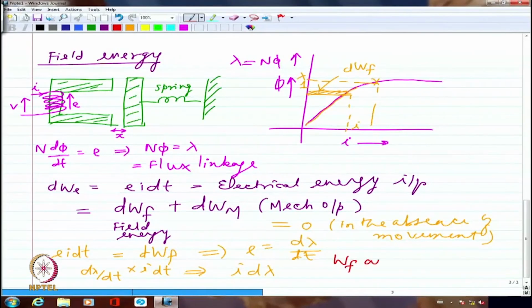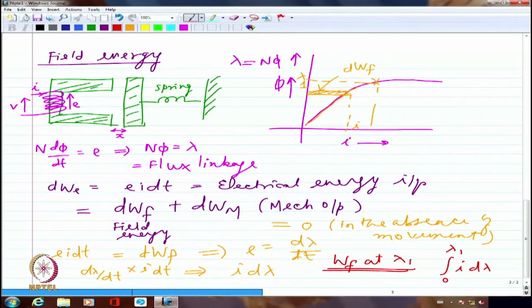I should be able to get WF at lambda 1. The flux linkage for this magnetization characteristic will be from 0 to lambda 1 of I d lambda. That is what will give me the field energy associated with that particular magnetic circuit when it reaches a flux linkage of lambda 1.